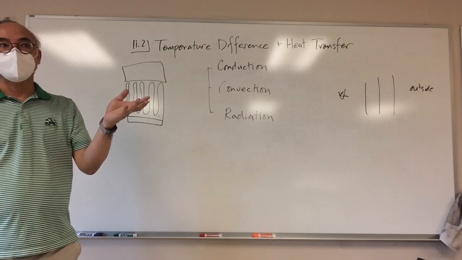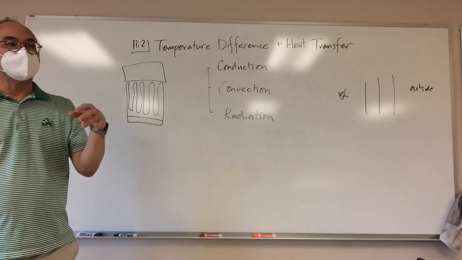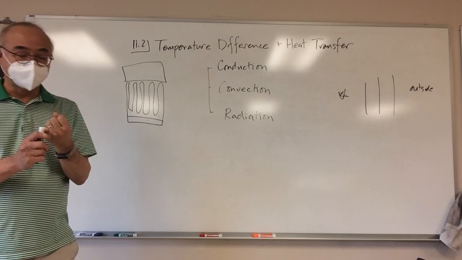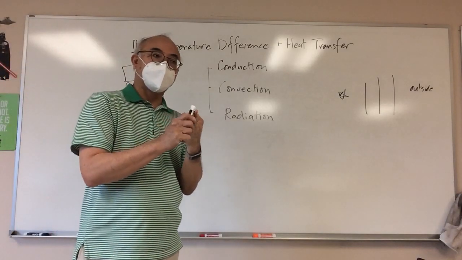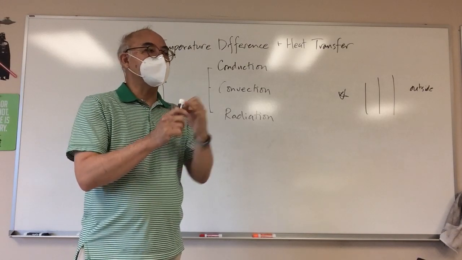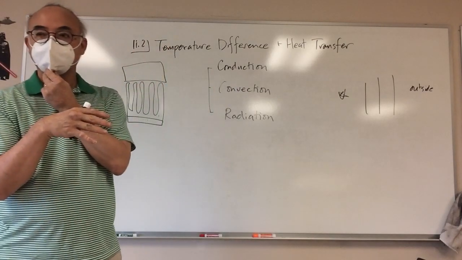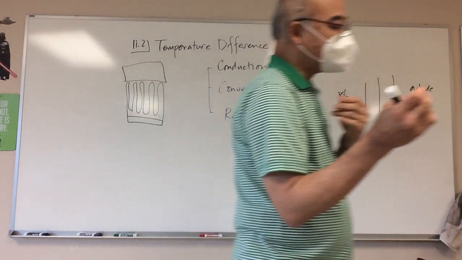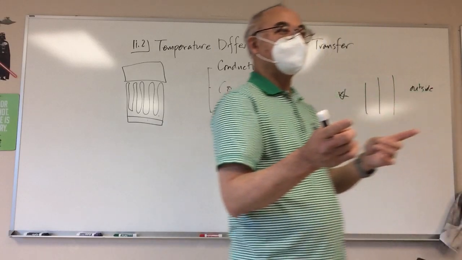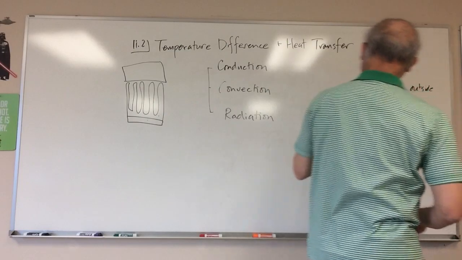So Tuesday we'll take a class period to do the homework that I assign today. We'll briefly talk about radiation because there really isn't much to talk about. We will finish 11.2 on Tuesday, and then on Thursday you will do 11.3 through 11.5. So that's the plan of attack so far.